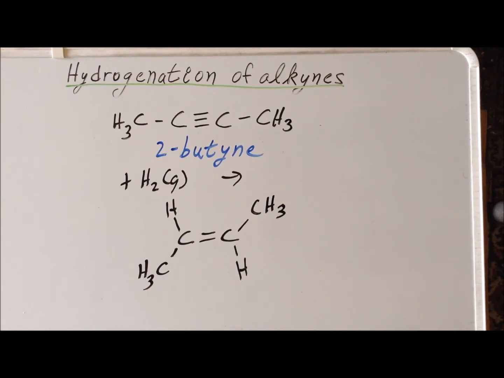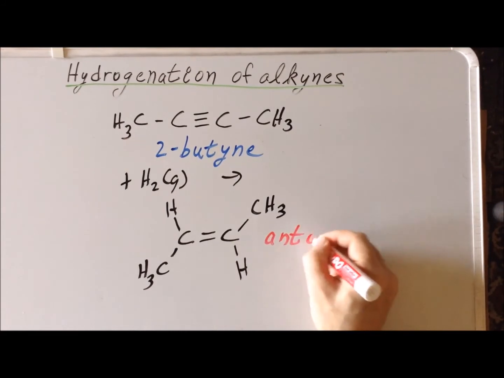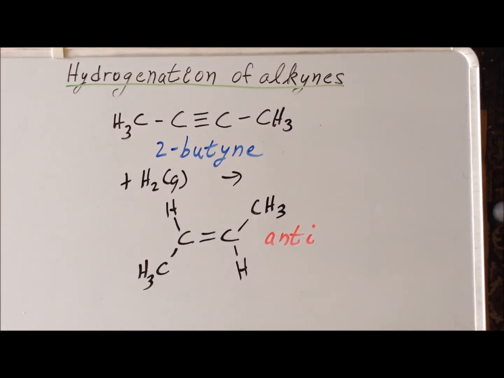So this is the anti-addition, so we put anti down. And we only get this from the lithium or sodium in liquid ammonia. Now the methyl groups are on opposite sides of the carbon-carbon double bond. And now we have the isomer that is trans-2-butene.